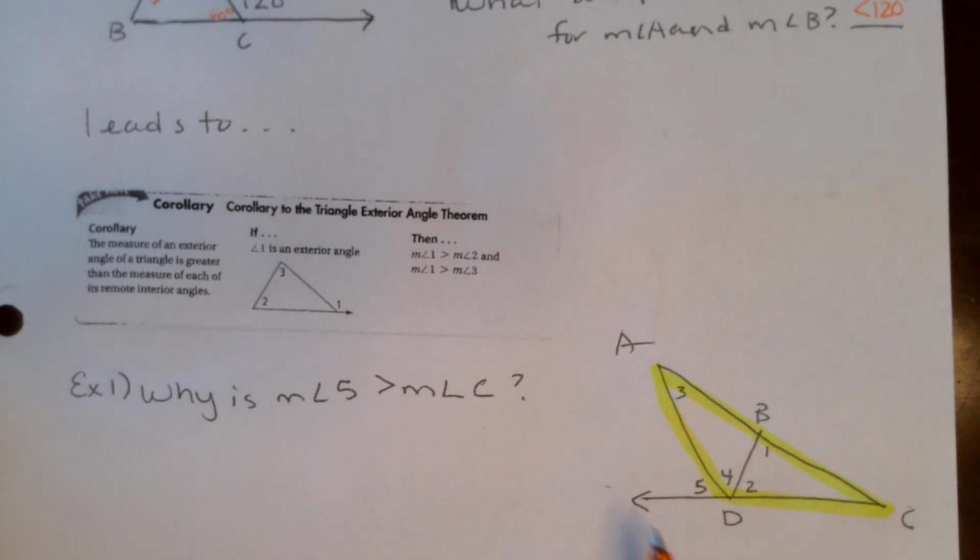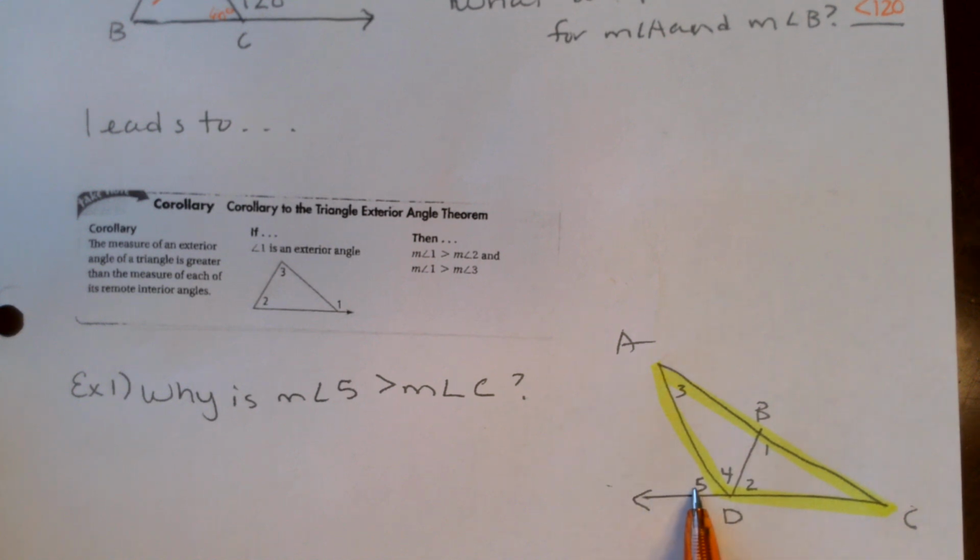But it's still a skill to be able to look at a whole picture and let your eyes see it in different ways. So in this case, 5 is the exterior angle to this big triangle. So 5 has to be bigger than C because it's equal to C and number 3 here together, doesn't it?